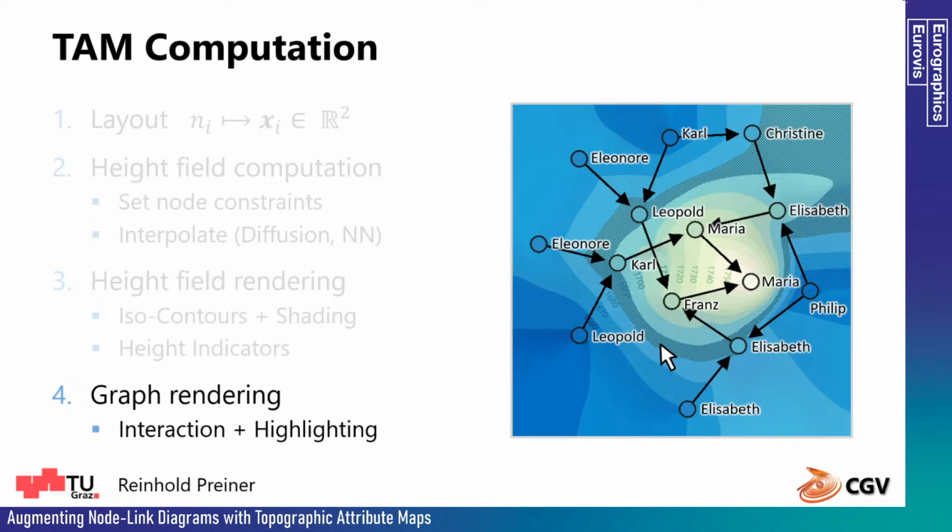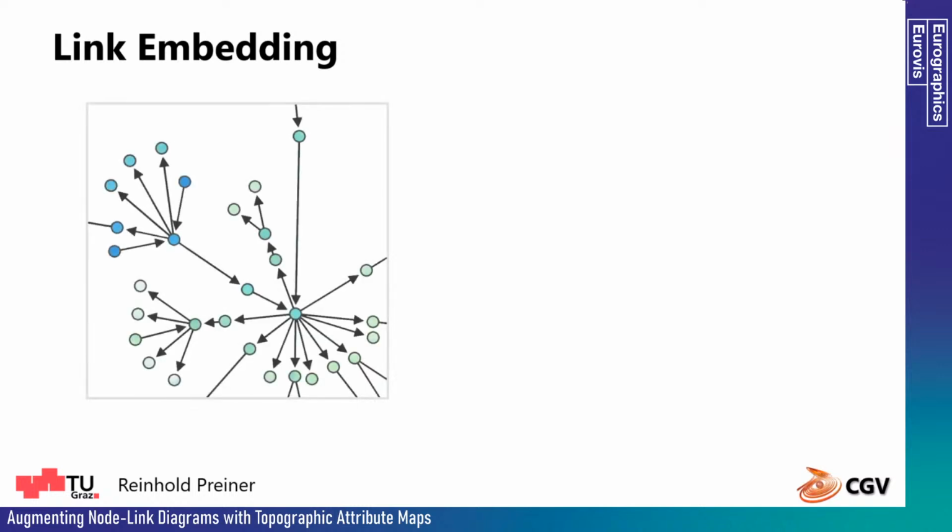Now, in the following I want to address two specific details on our algorithm that extend this basic computation pipeline. The first one addresses the visual embedding of the graph in the height field. So suppose we have this section of a node link diagram here that involves multiple smaller and a few larger backbone edges.